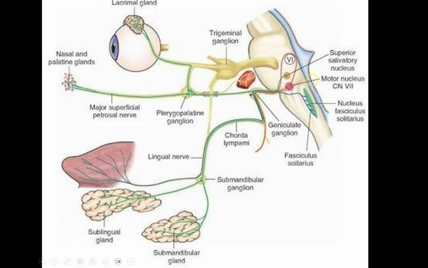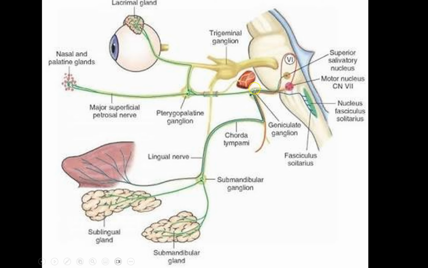Follow the superior salivary nucleus, which gives the preganglionic fibers. The preganglionic fibers pass either to the pterygopalatine ganglion, with postganglionic fibers passing to the lacrimal gland, or they pass in the chorda tympani and relay in the submandibular ganglion, supplying the submandibular and sublingual salivary glands.